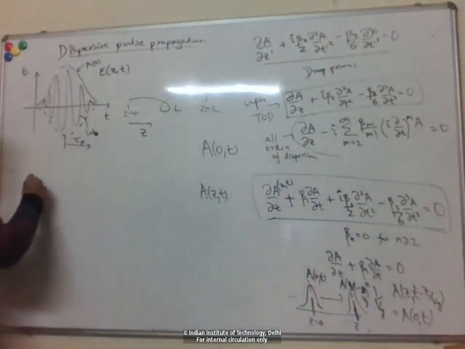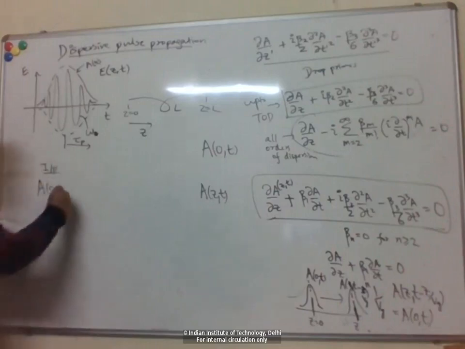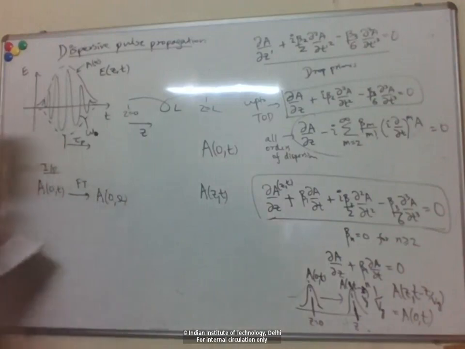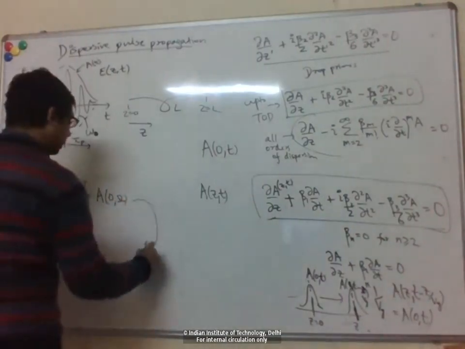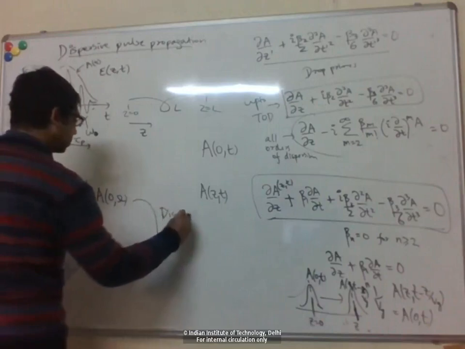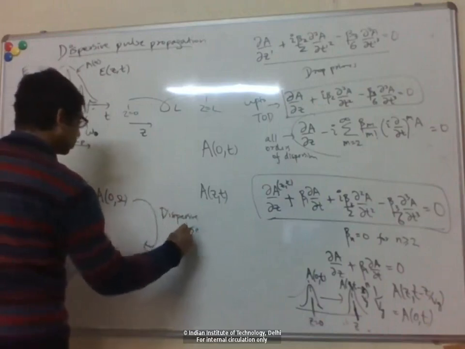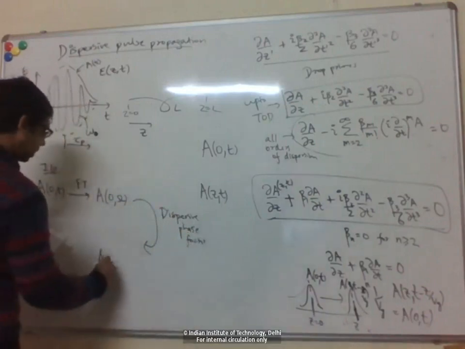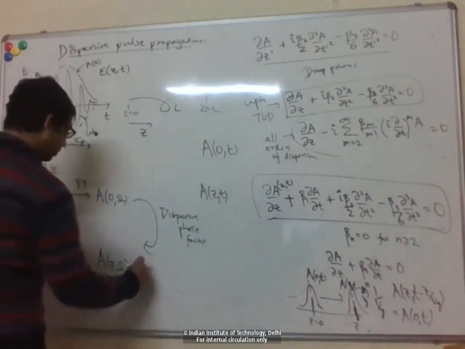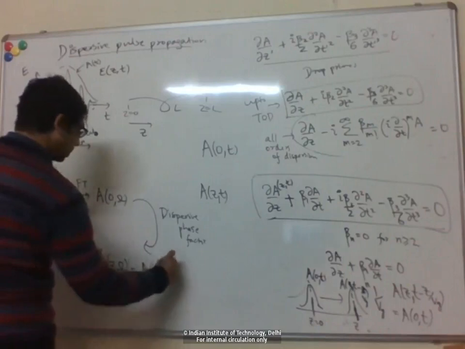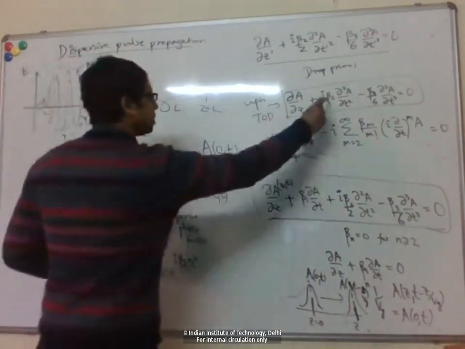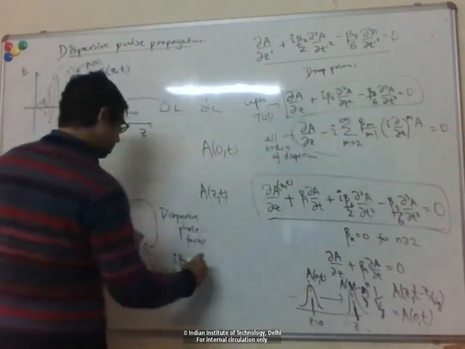What I do is, starting from the input, I first take the Fourier transform to find the input spectrum, right? Then I multiply by the dispersive phase to get the spectrum at Z, which we saw is just a phase factor. So here this will give me beta 2 times omega square.